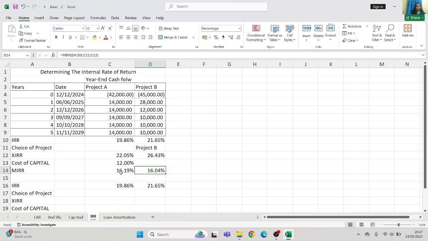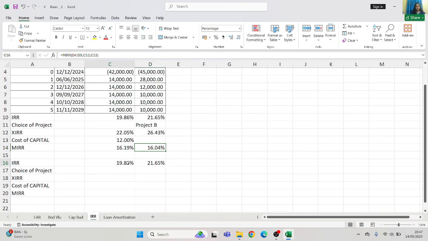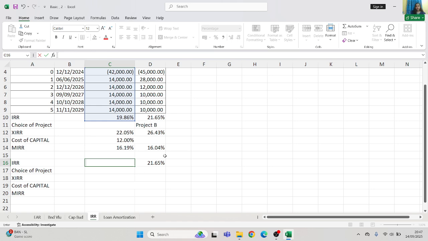First, we have to calculate IRR for project A and project B. For project A, how can we find IRR?